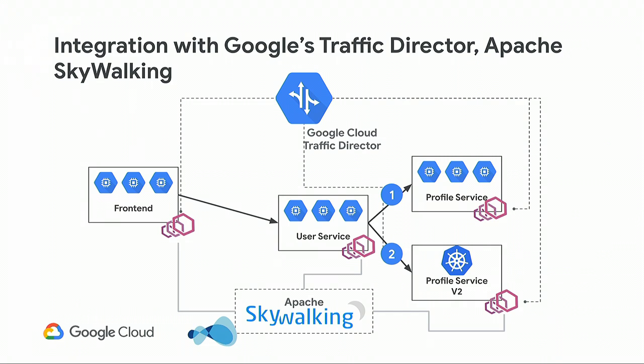We have a front end running in a VM, pointing to the user service. At first, the user service points to the profile service that runs on a VM. After that, we gradually program Traffic Director to point to profile service 2 on Kubernetes. As projected, we will drain the traffic from VM to Kubernetes by programming the Traffic Director.